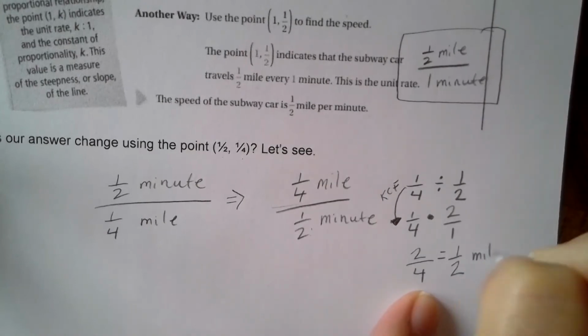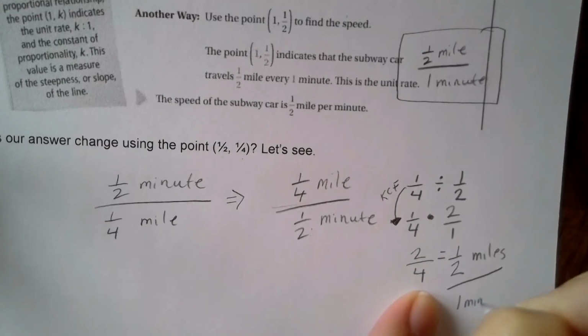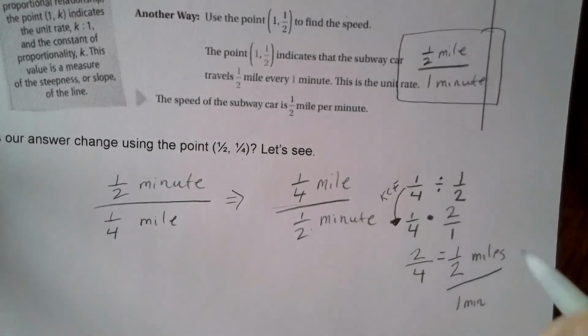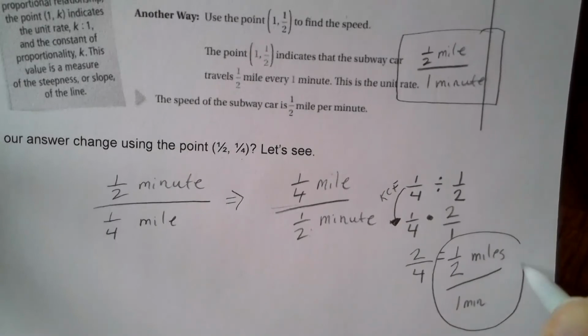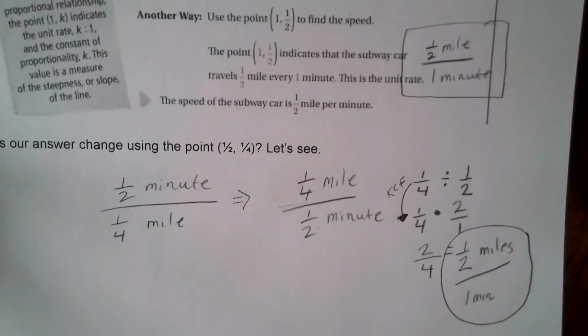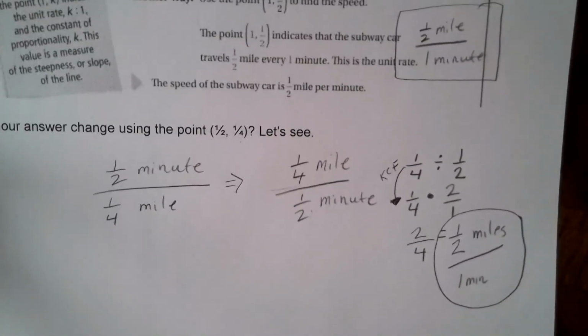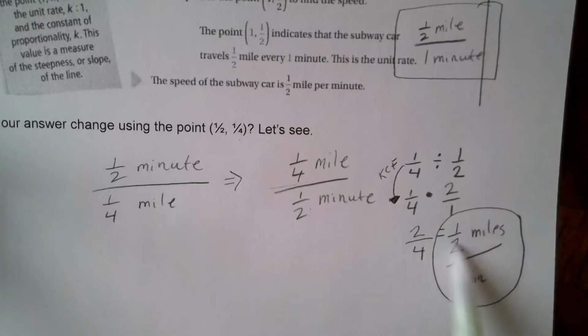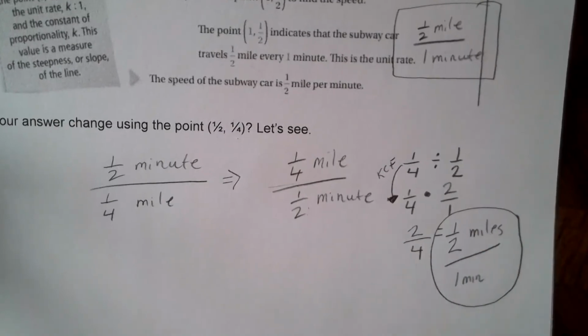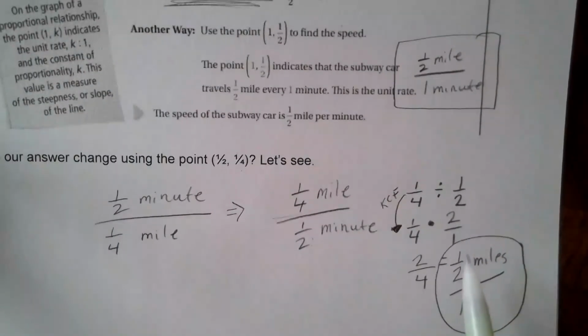1/2 miles per minute. Because when I divide the top by the bottom, every time it makes it into my unit rate, it's just over 1. Because any number I get, I can just write it over 1. Look, it's the same.